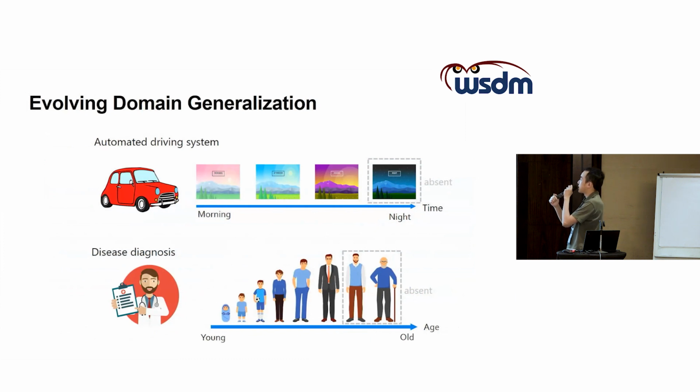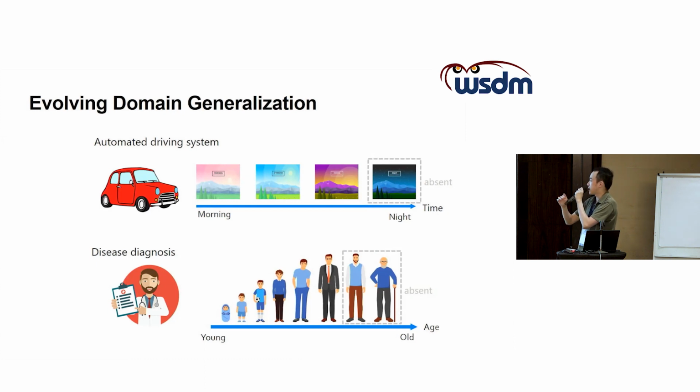For example, in an automated driving system, we expect our AI models to generalize better based on these evolving environment patterns across different timestamps. For example, we observe some data from the morning and afternoon, and ask whether it is possible to generalize our model to the night.